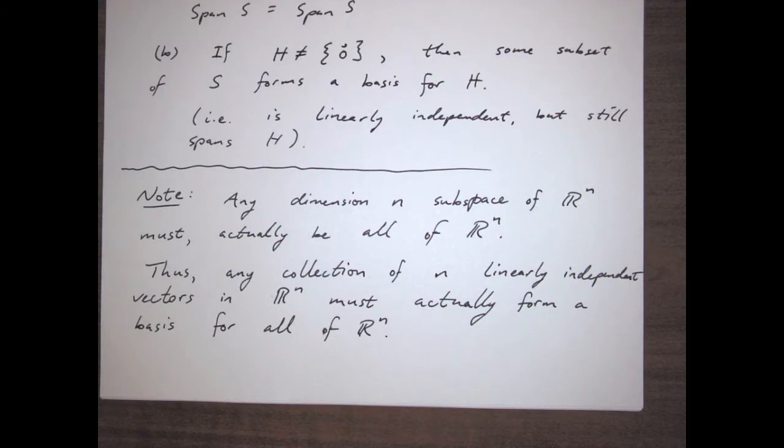And if it's n-dimensional, then it must be, in fact, the entirety of Rn. So what this is saying is there is no two-dimensional subspace of R2. So the plane basically has the following subspaces: the origin, which is zero-dimensional, a line through the origin, which is one-dimensional, and then the whole plane. There's nothing in between, is what this means.